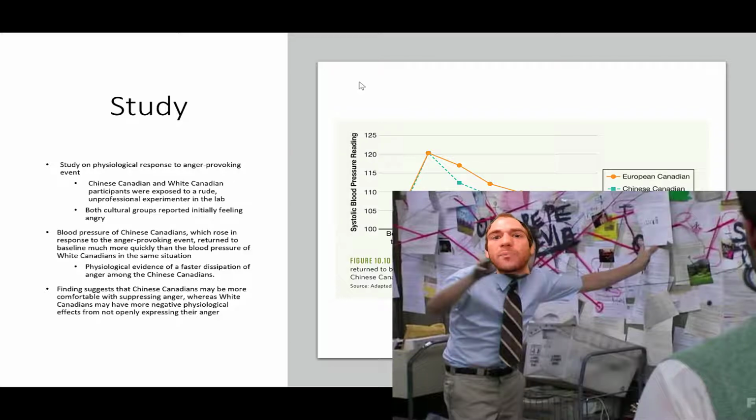And not only that, but specific health outcomes associated with suppression of emotions, wherein many interdependent cultures are less likely, and many studies find, to have mental health or physical health negative outcomes associated with that suppression, compared to Americans, who often do have those negative outcomes associated with emotional expression.